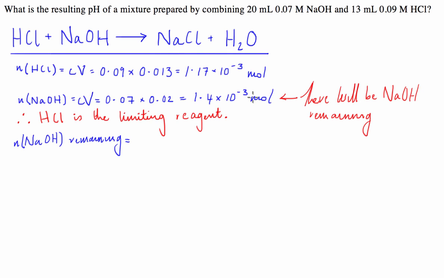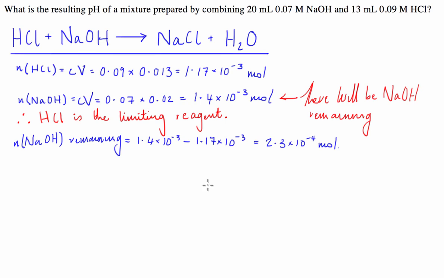The way that we're going to be able to do that is quite simple: we go 1.4 times 10 to the negative 3, subtract 1.17 times 10 to the negative 3, and that leaves us with 2.3 times 10 to the negative 4 moles.